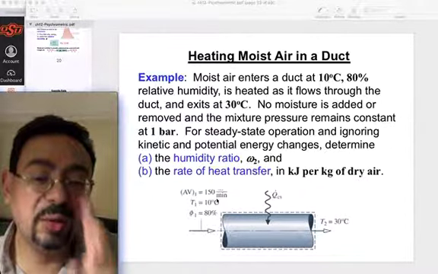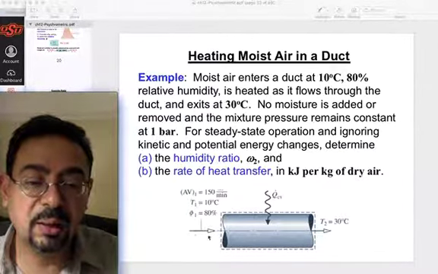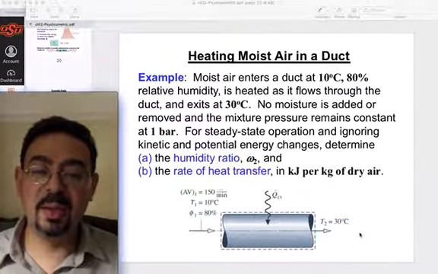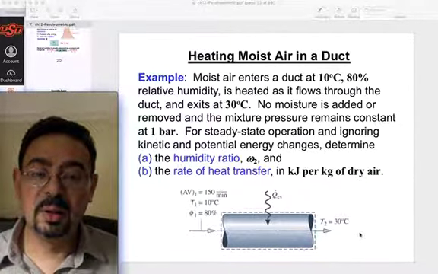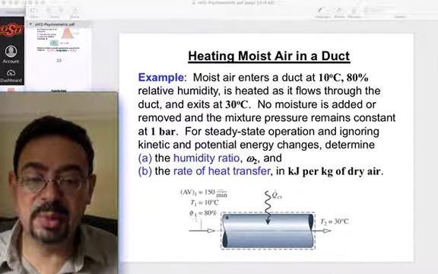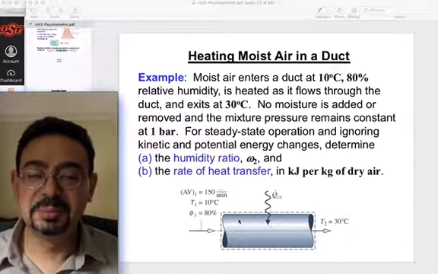So actually we have two continuity equations in this problem. One for the water vapor and one for the dry air, because they are two different species, right? We can apply the continuity equation for the mass of each one, because they don't change species.